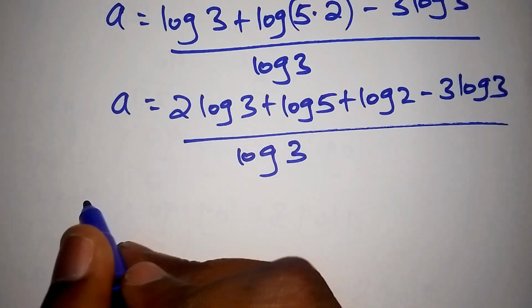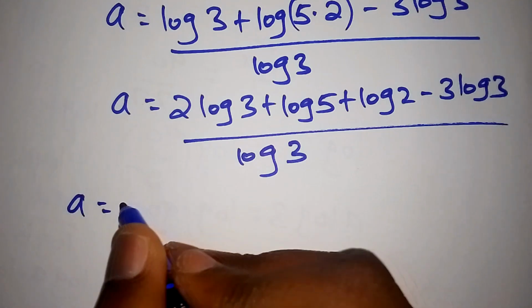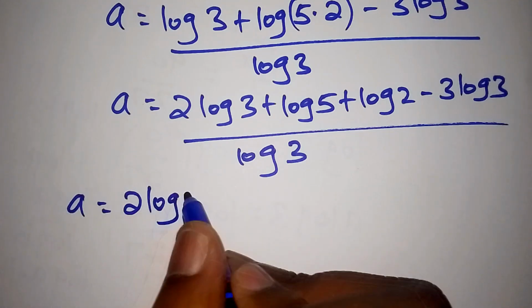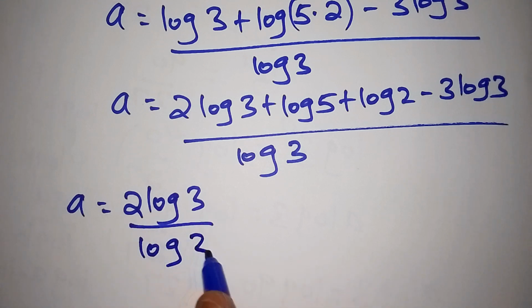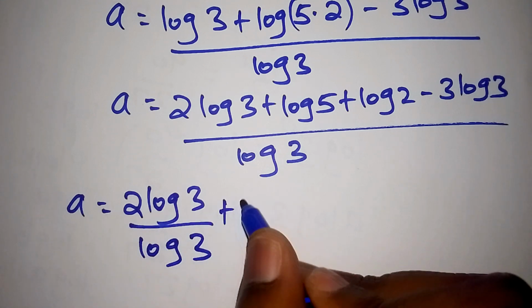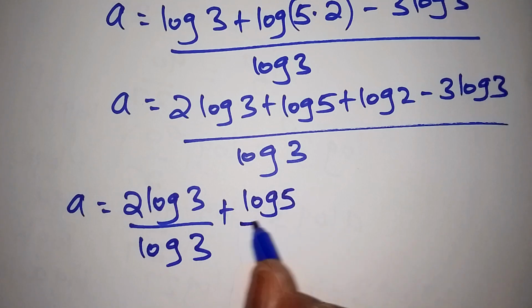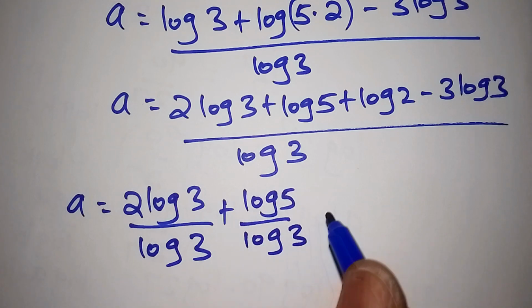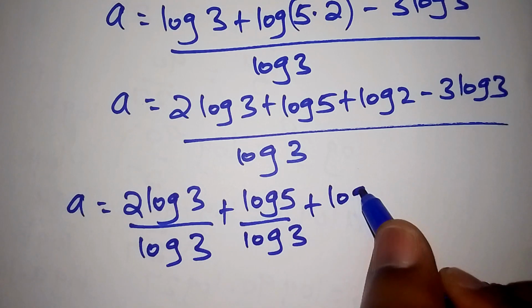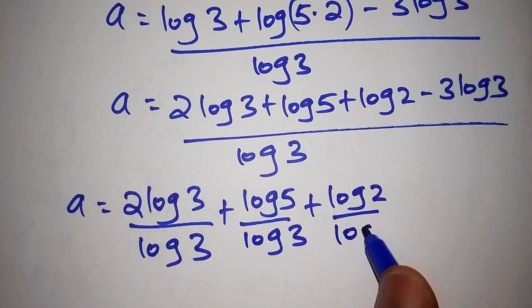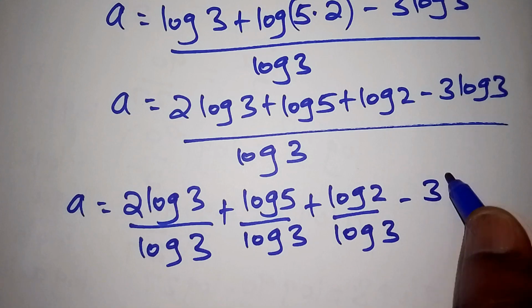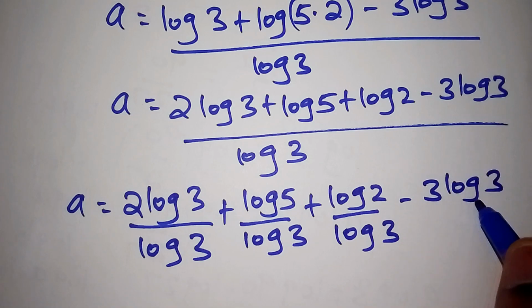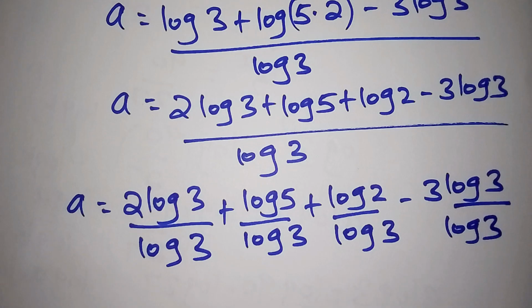So we shall say that a is equal to 2 log 3 all over log 3, plus log 5 all over log 3, plus log 2 all over log 3, minus 3 log 3 all over log 3.